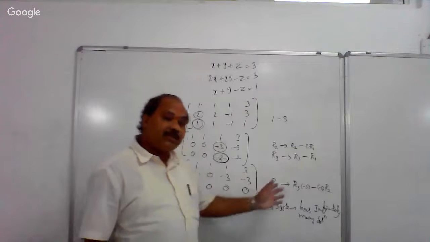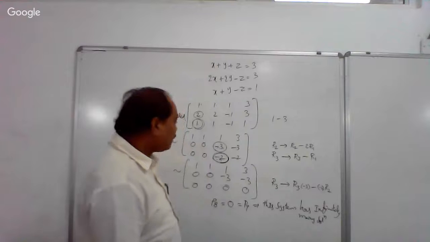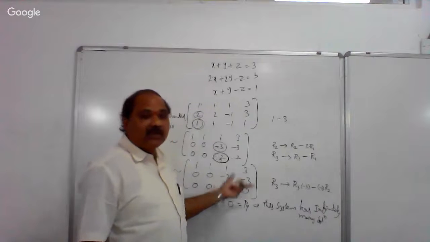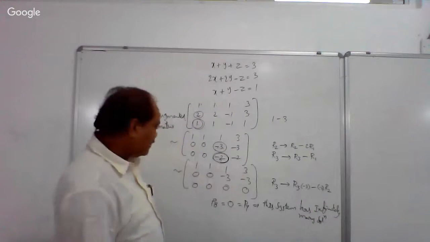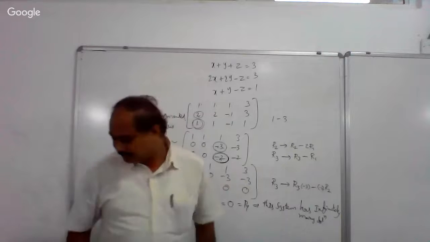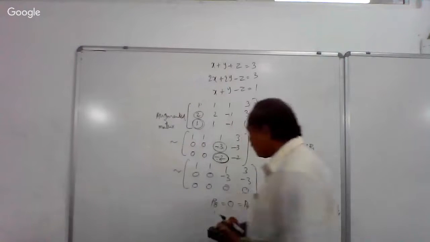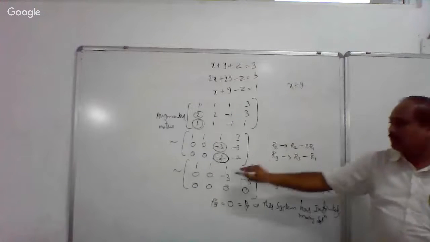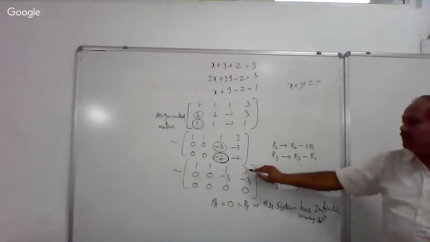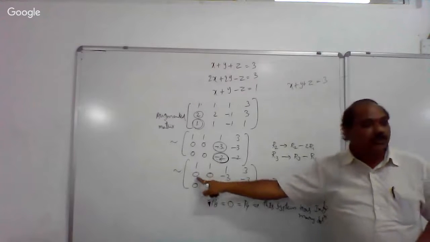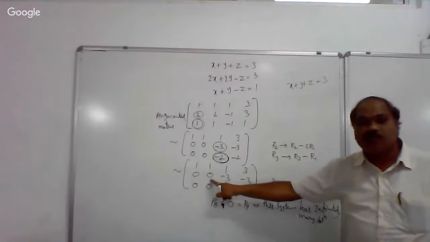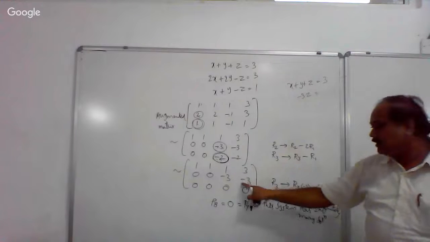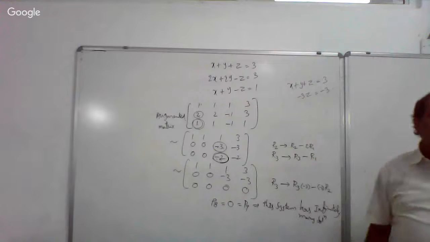Now, let us find those values also. How? Again, reconvert the echelon form into a system of equations. Okay? Now tell me. x plus y plus z is equal to 3: we have 1 into x plus 1 into y plus 1 into z equal to 3. 0 into x plus 0 into y plus minus 3 into z equal to minus 3.